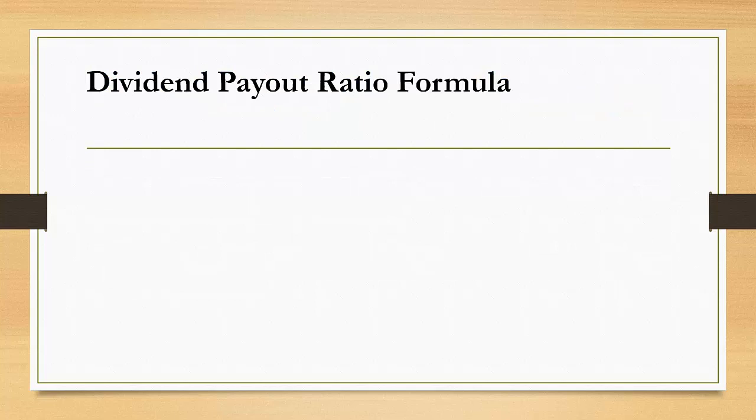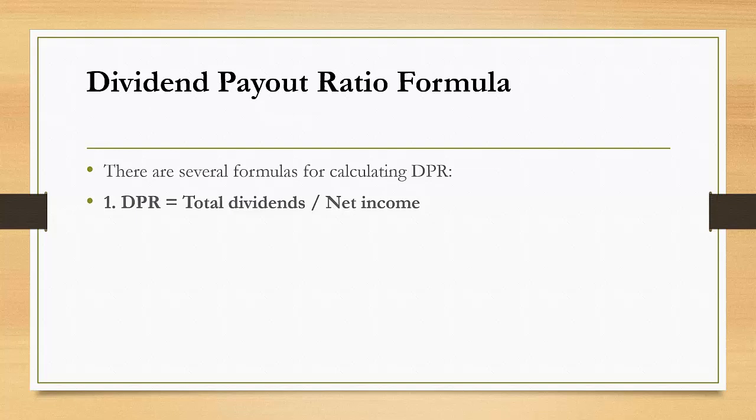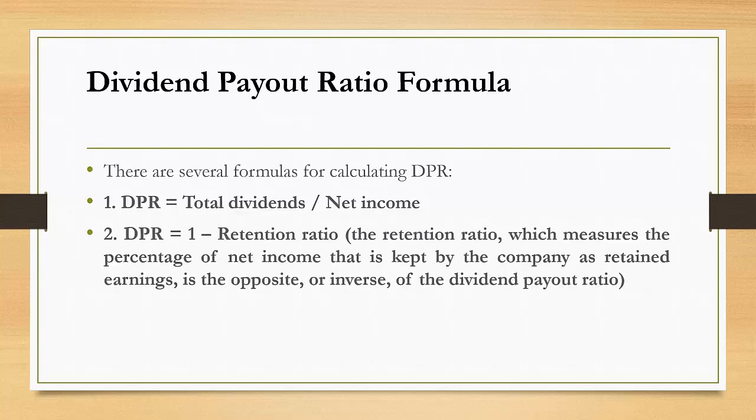Let's have a look at the formula. There are several formulas for calculating dividend payout ratio. The first one is total dividends divided by net income. The second one is 1 minus retention ratio.